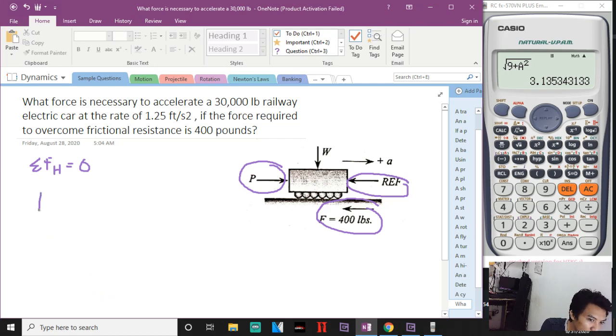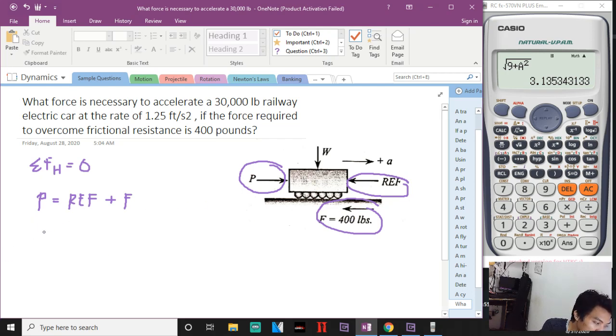So, meron kang si REF, reverse effective force, plus yung F. Okay? Ang kinukuha natin kasi dito is P. Okay? Yung pushing force in order for you to accelerate siya. Okay? Eh, yung resistance mo is 400 pounds tapos mayroon pa reverse effective force.